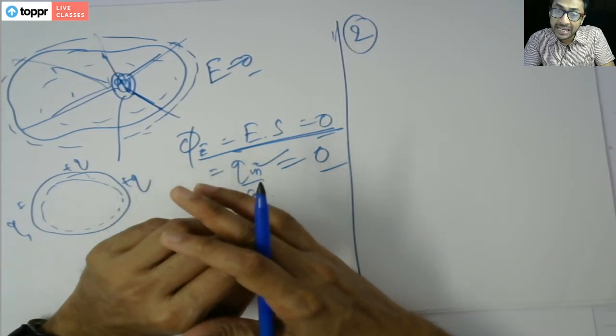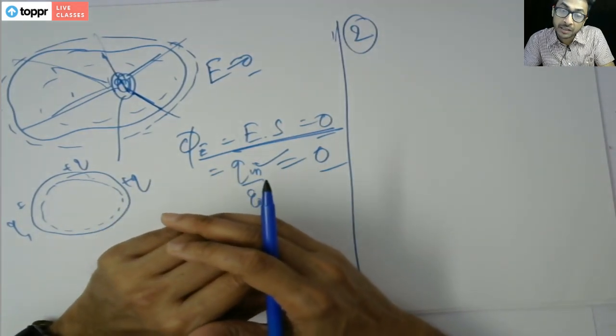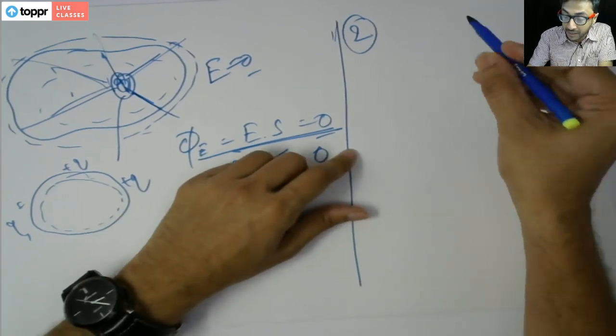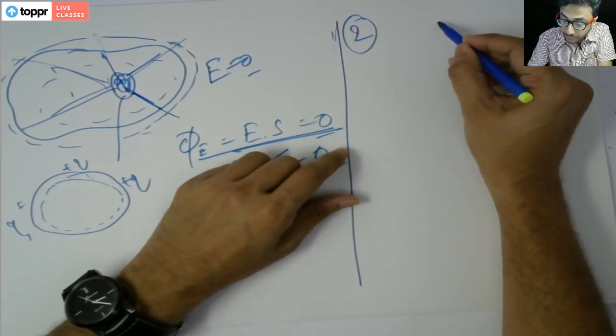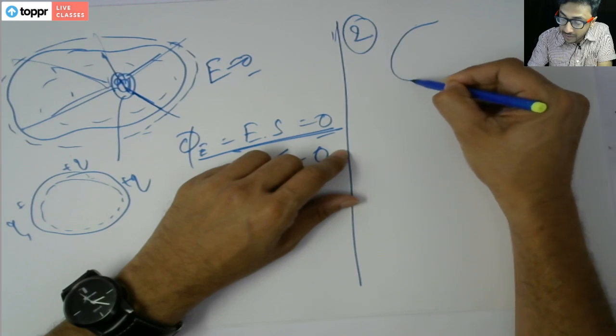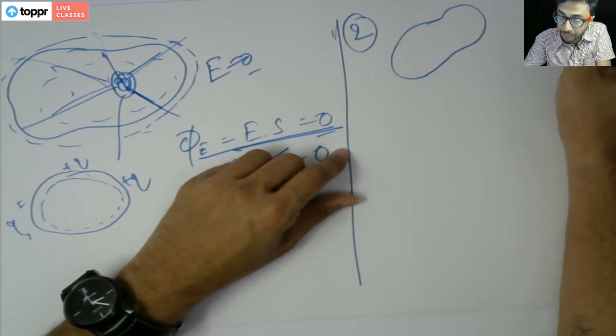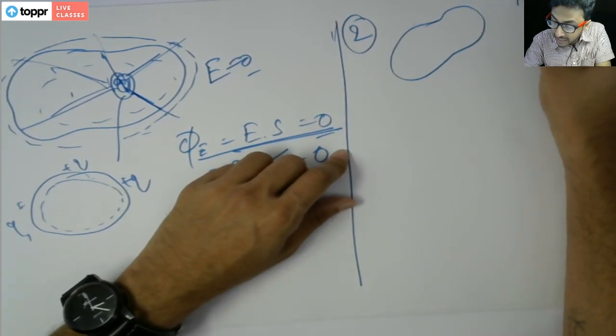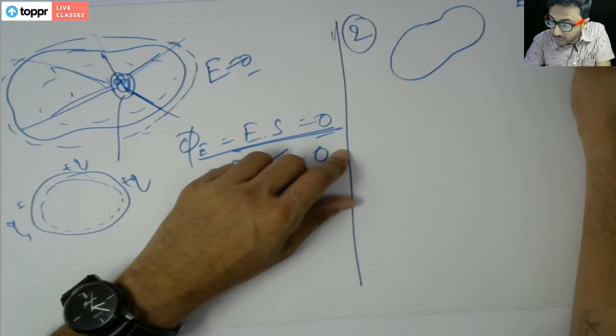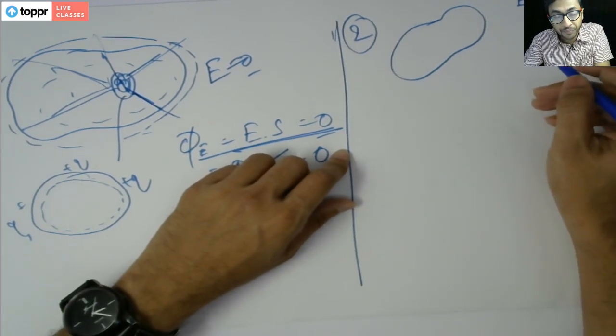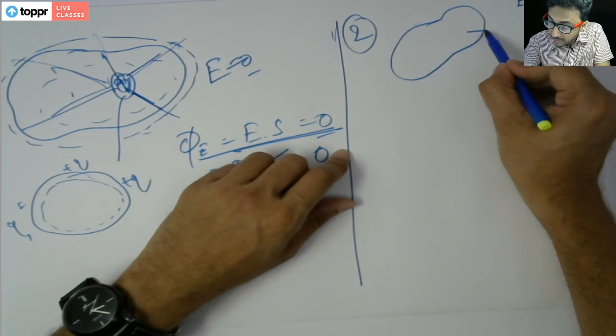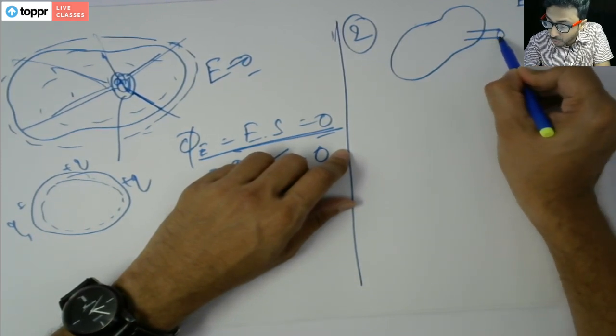Second, the electric field at any point close to the charged conductor is sigma by epsilon 0. Say there is a charged conductor like this. The electric field will be equal to sigma by epsilon 0. Let us draw a simple Gaussian surface.